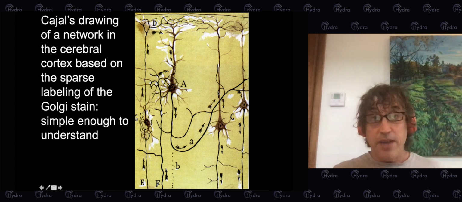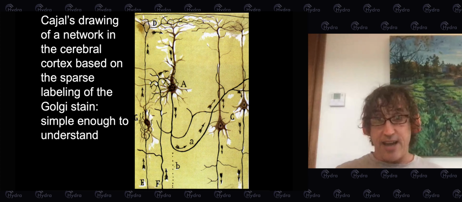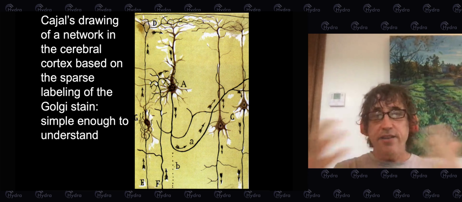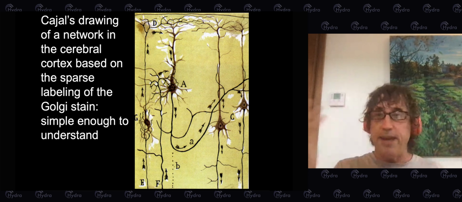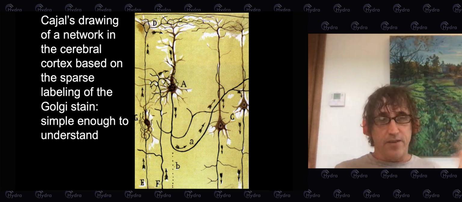While at the same time, most people at that time, including Golgi himself, thought that your whole brain was one big cell. So there were not individual neurons, but just one big connected spaghetti. Okay.